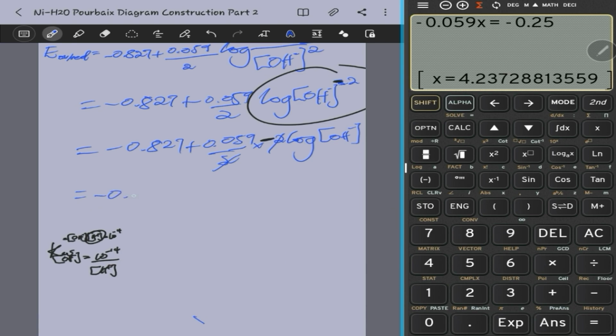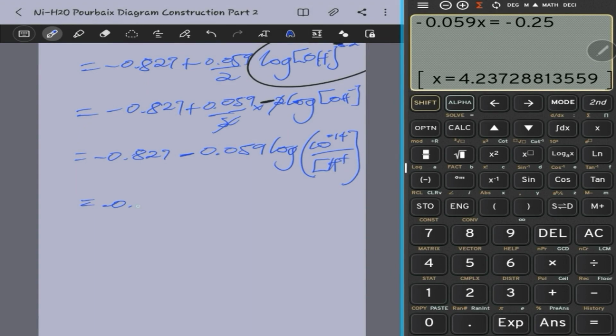So we have minus 0.827, which here becomes minus, and we have 0.059, and then log the concentration of OH tends to 10 to the power minus 14 on the concentration of H plus. Yeah, so this is what we have.